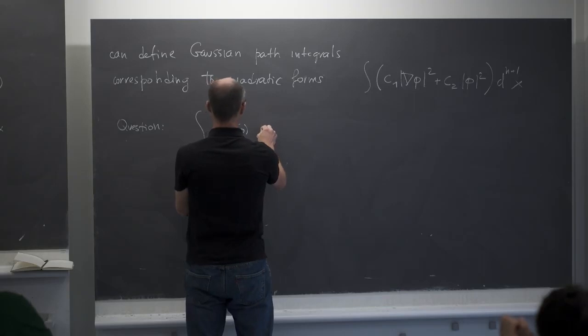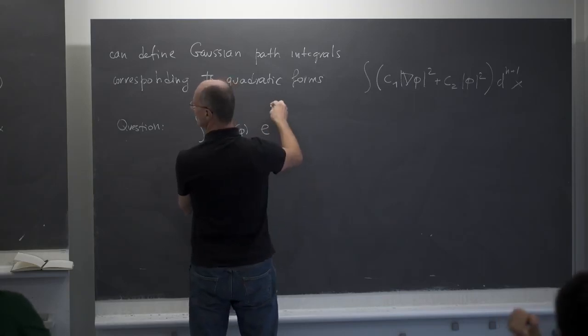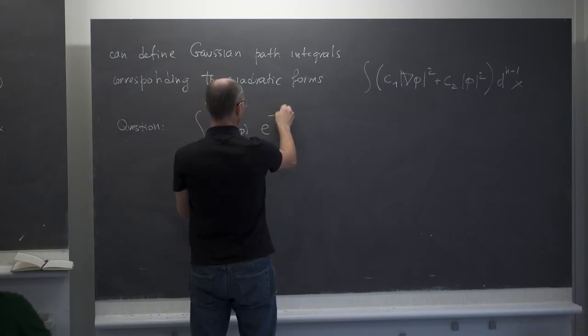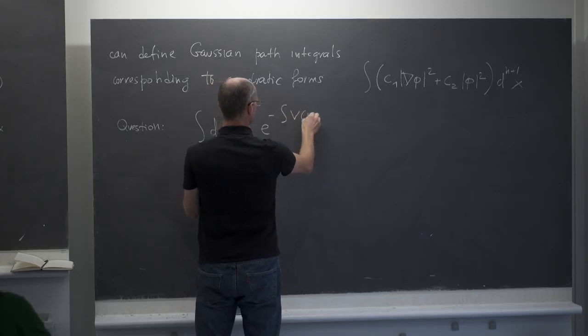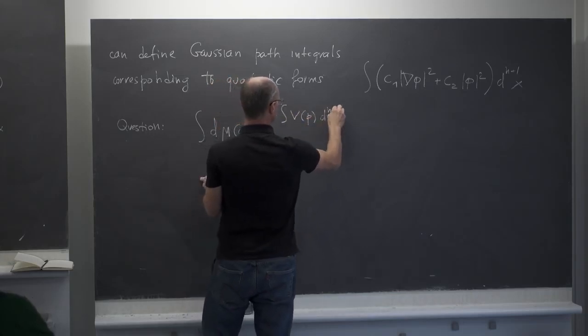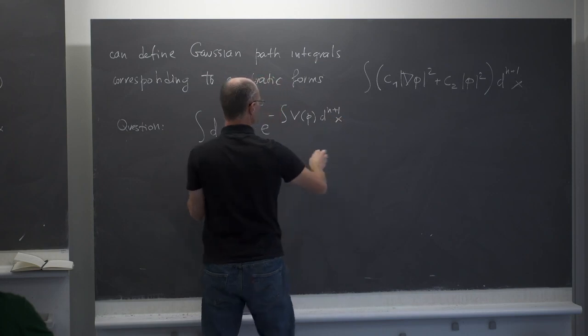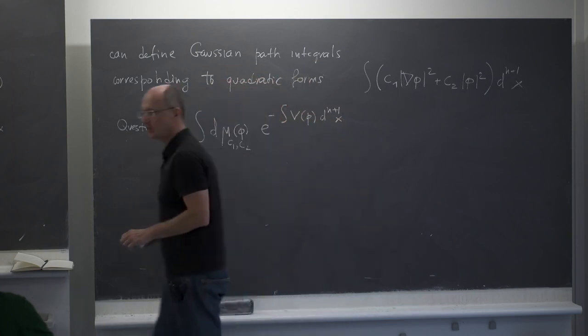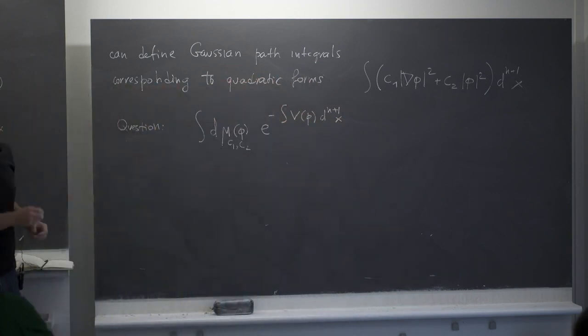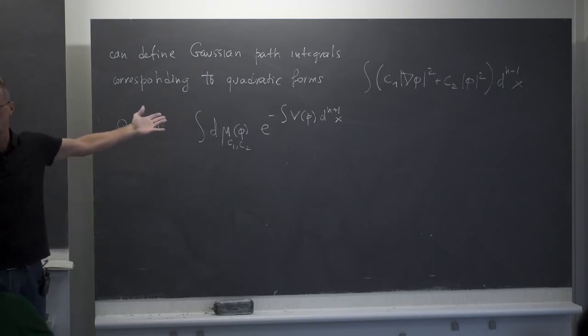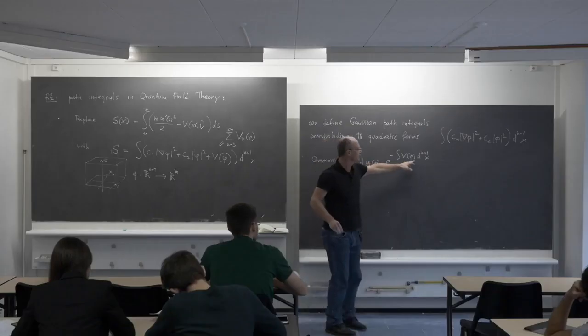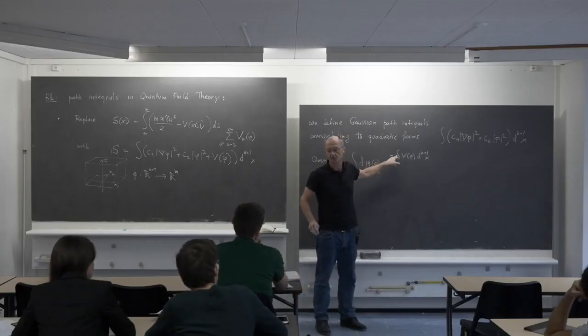And here we want to define it, either with imaginary, but let's say real. So we would like to define something like this. That was the question before, and before it worked very well.